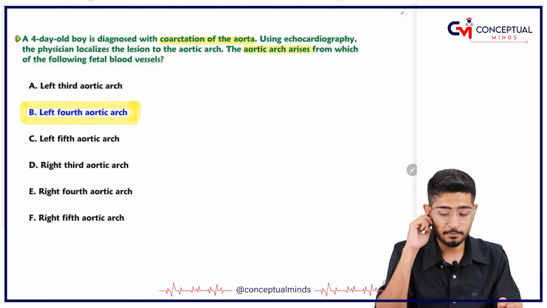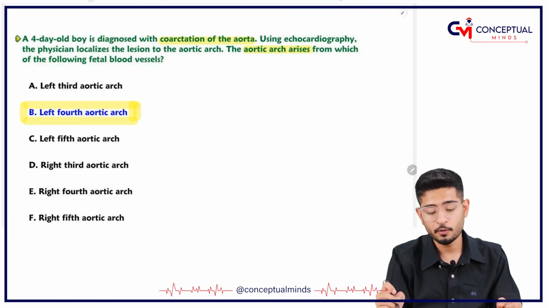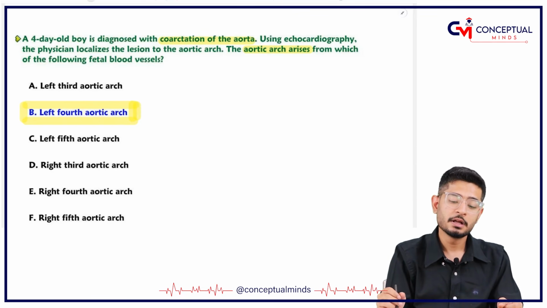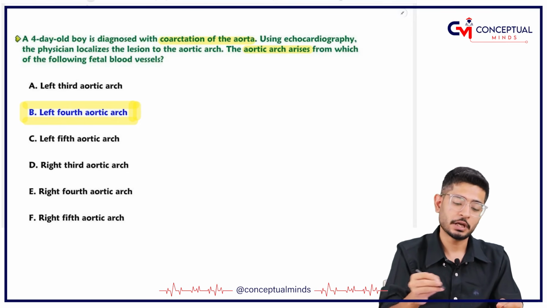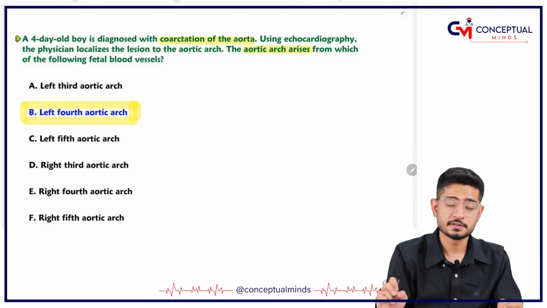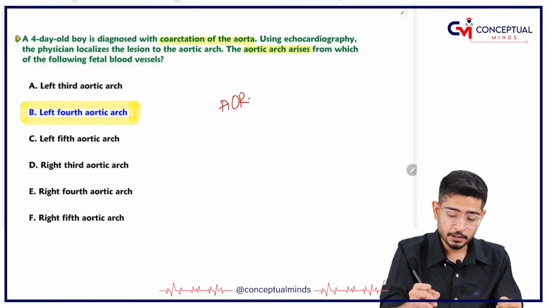This is extremely important. They have asked you that this aortic arch arises from what? The arch of aorta arises from the left fourth aortic arch. So please remember this. So aorta, and this is going to be four.